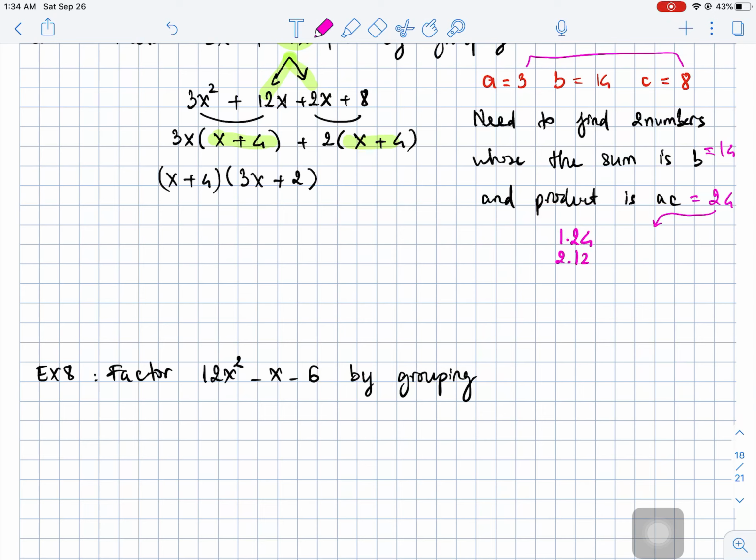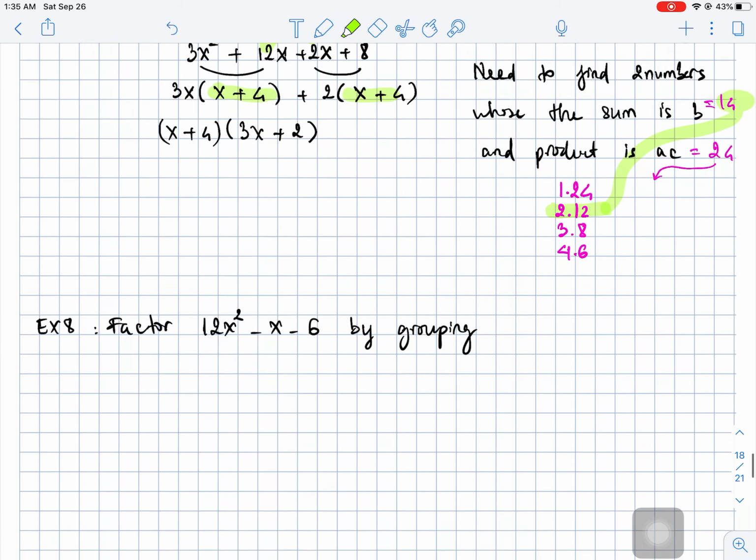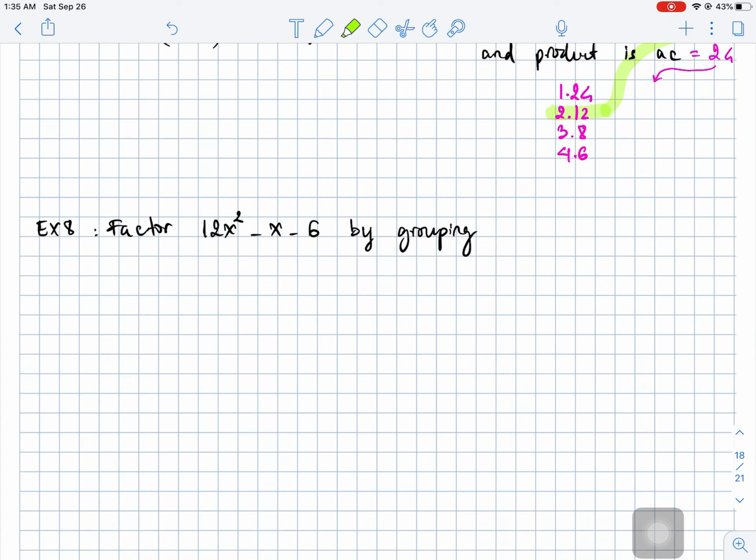We list out the products of 24: 1 times 24, 2 times 12, 3 times 8, and 4 times 6. So we see that 2 and 12 give the sum 14. That's why we break 14 as 2 and 12.